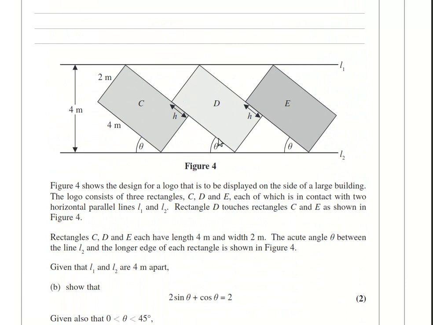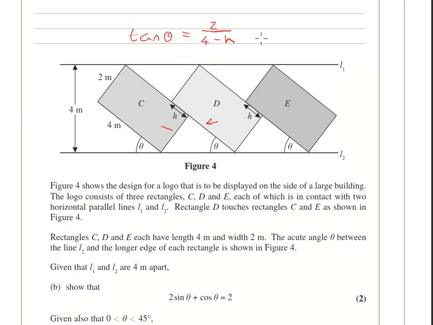Here we go. Okay, from here, I can see that tan theta is going to be equal to this side divided by that side. The opposite is just 2, and the adjacent is 4 take away h, because all of those rectangles are identical.